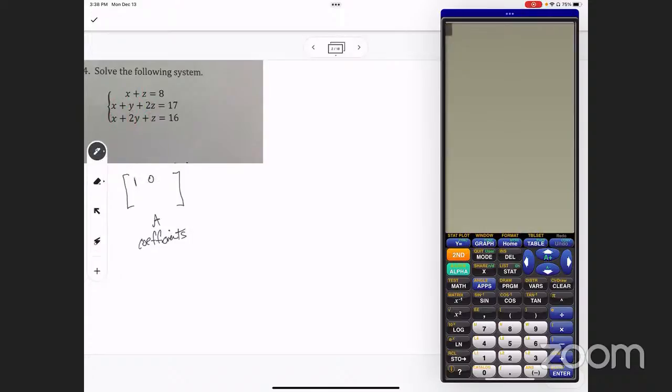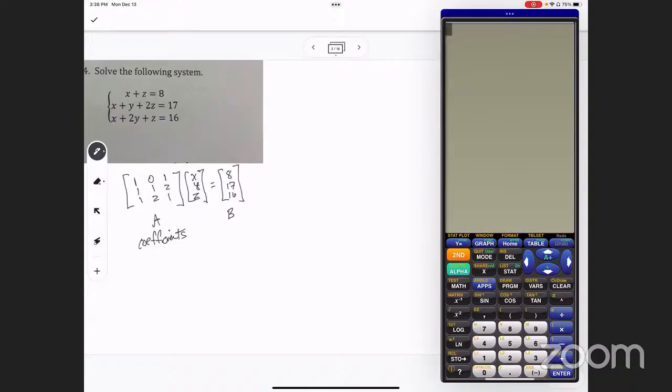Don't forget to hold the place with a 0 if necessary. You understand what I'm saying by that? Yeah. Okay. And then you've got the variable matrix, which is x, y, z. You actually don't have to put that in anywhere. And then you have the solution matrix, which is 8, 17, 16. You see where I came up with those? Yeah. So we're going to call that matrix B.